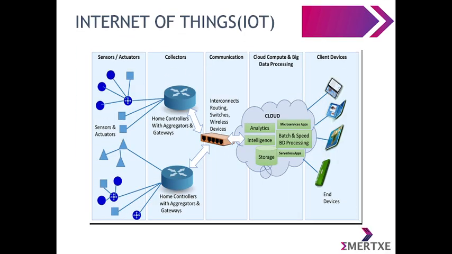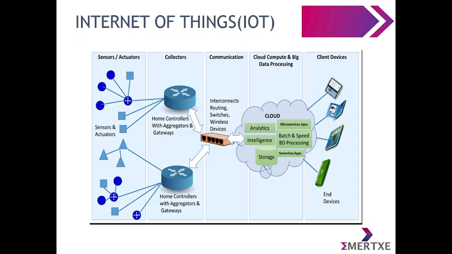Internet of Things, so IoT. IoT means connecting everyday physical devices to the internet so they send, receive and share data automatically. Here sensors and actuators are the input, and the collectors collect the signals or data from the sensors and actuators and use communication.